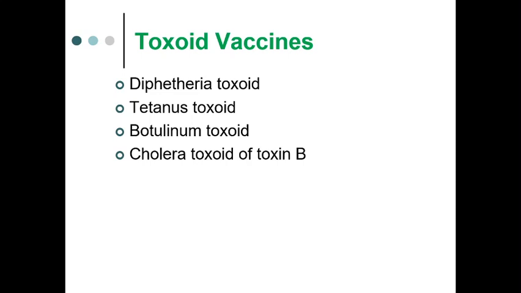Now, how to convert this active toxin, which has a detrimental effect on the human being, into a harmless substance? The toxin is treated with a dilute solution of formaldehyde or phenol or detergent. By treating with formaldehyde or phenol or detergent, it gets converted into toxoid.